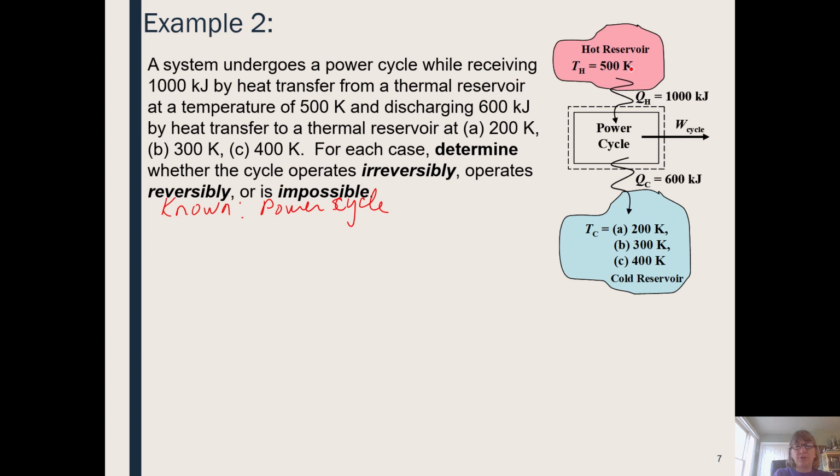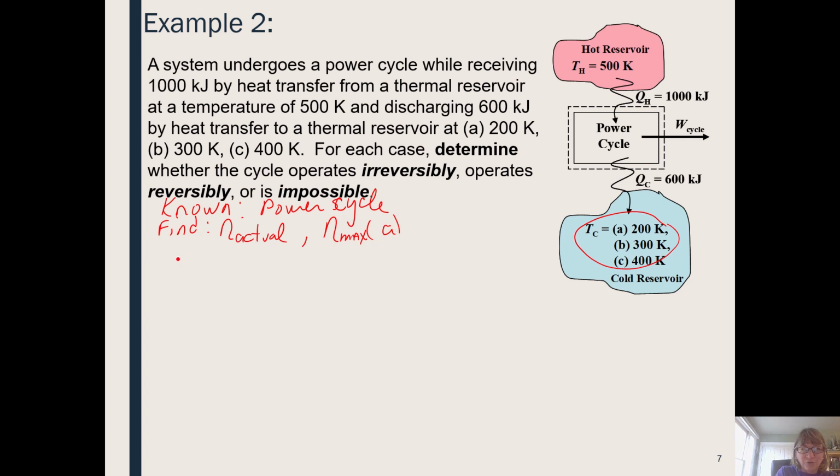Our scheme is already drawn for us. We want to find the actual efficiency, and we want to find the maximum efficiency, and then compare the two. And these are going to be at these three temperature cases here, A, B, and C. So let's look at that.